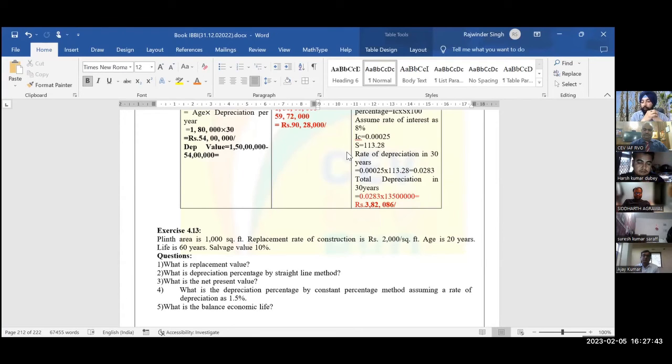And if it is not so, then make some adjustment and try to bring them to the same level, and then decide what should be the value of that asset or building, whatever it may be. That is called market approach.